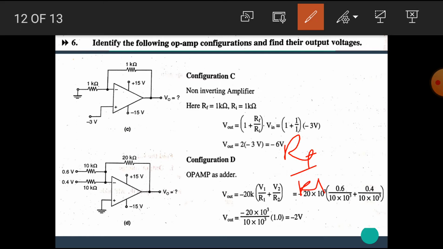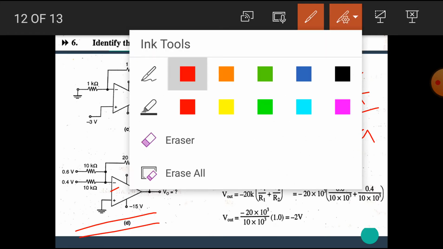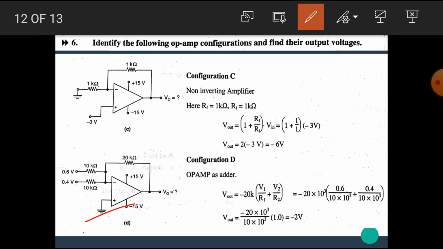Let's see once again. Here we can calculate the value of output voltage from the circuit, as we know that the gain of inverting amplifier is given by minus Rf upon R1. Hence, we can write the expression for this adder as minus Rf upon R1 into V1 plus V2.